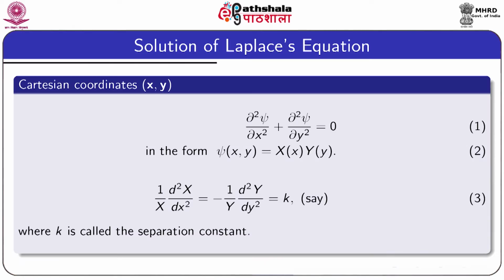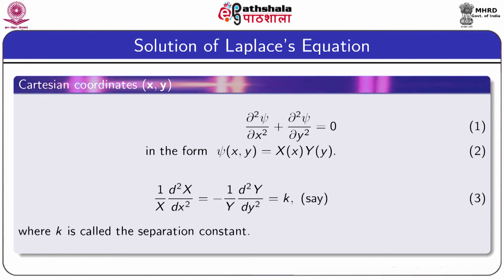For the discussion, we have to go to the slide show. First of all, I am going to discuss the solution of the Laplace equation in Cartesian coordinates. In Cartesian coordinates, the Laplace equation is given in equation number 1.